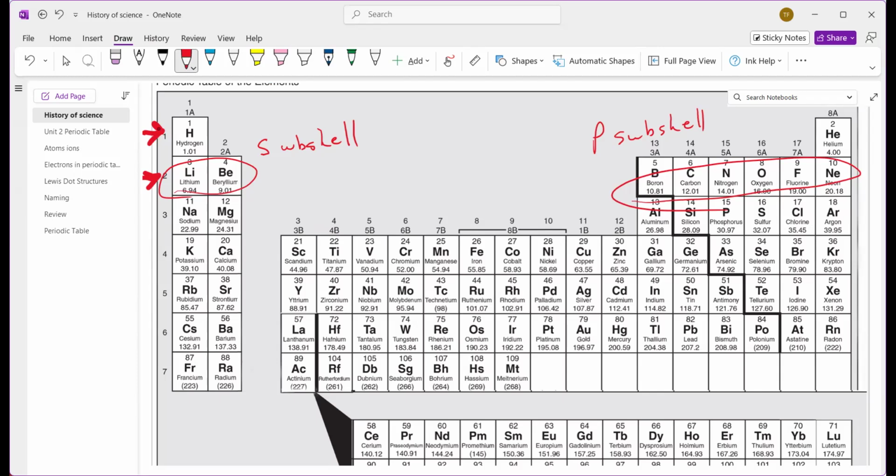Jumping ahead, the numbers under the symbol, there's a number above it and below it. That's a decimal, you're talking about the decimal number, right?